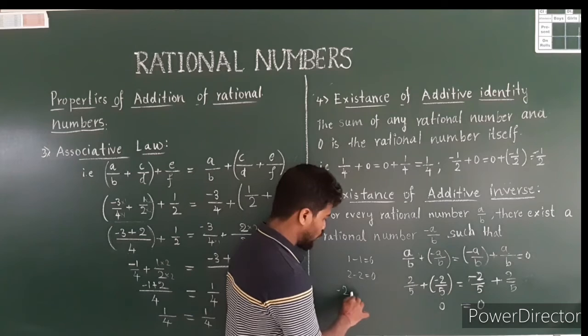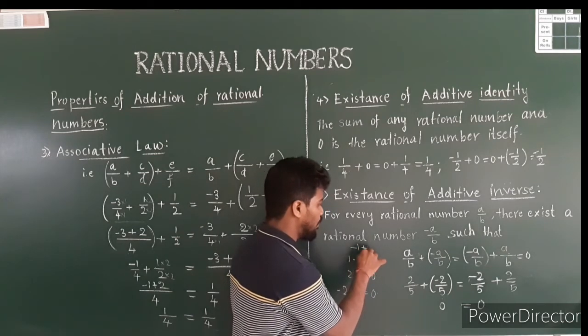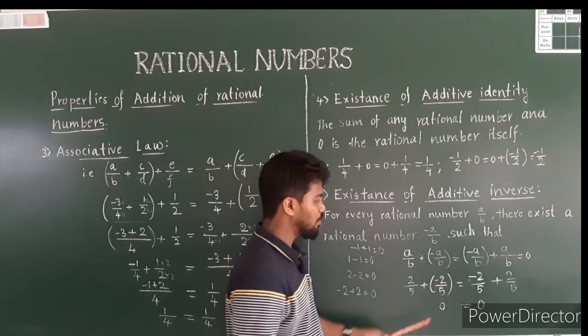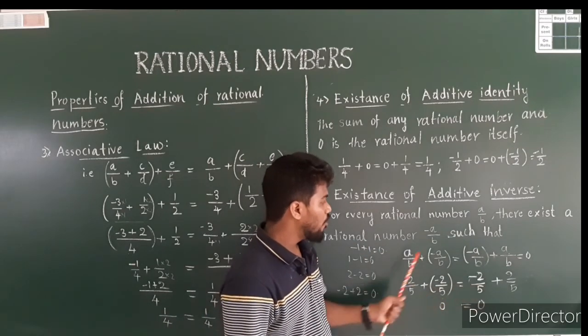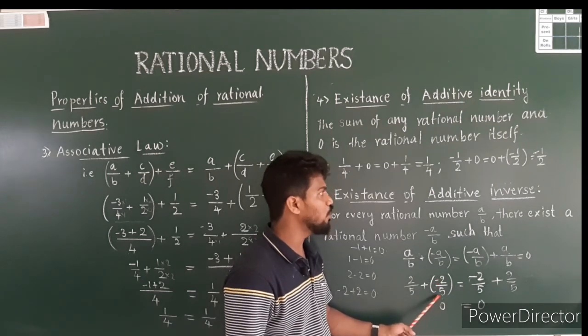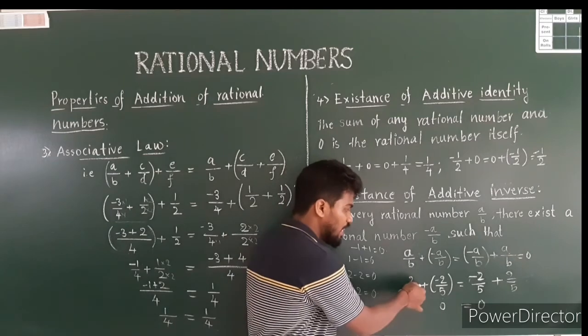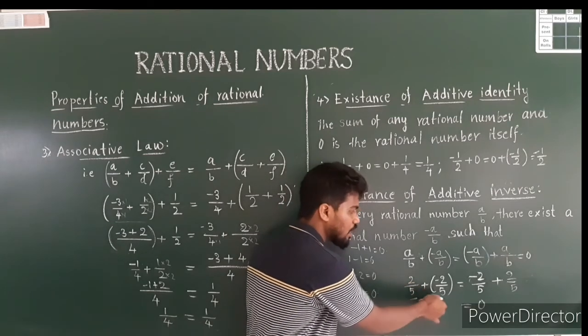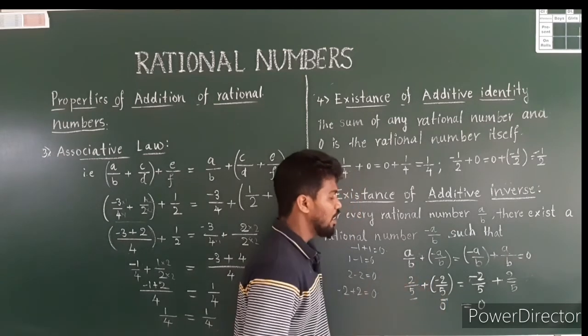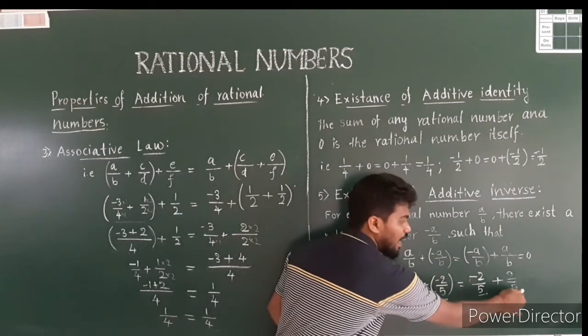You know that minus 2 plus 2 is 0, or minus 1 plus 1 is 0. So for 2 by 5, minus 2 by 5 is the additive inverse. The additive inverse of 2 by 5 is minus 2 by 5. The additive inverse of minus 2 by 5 is 2 by 5.